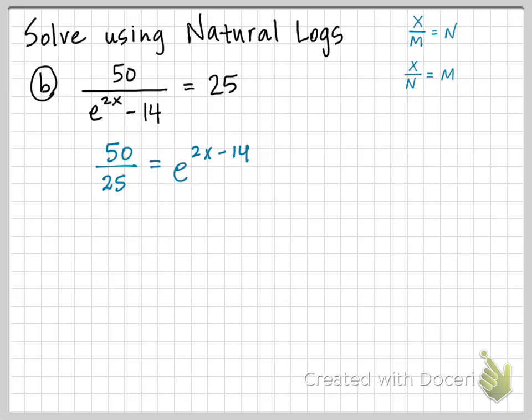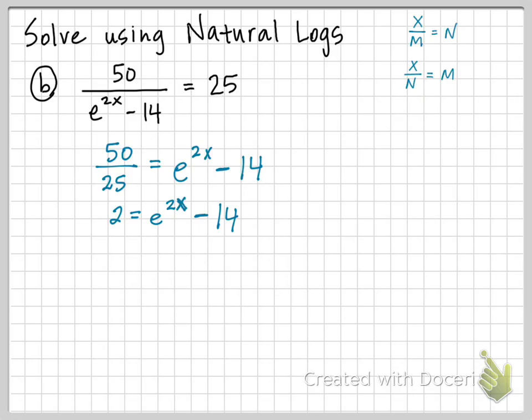Again, I'm using the property up on the fraction side on the right. From here, I can claim that that's 2 equals e to the 2x minus 14. 14 is not an exponent, just to be clear. I need to go back and fix that. I wrote that in my problem. Not good. So 14 is not an exponent, so make sure it's not an exponent.